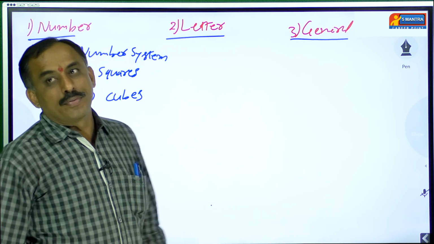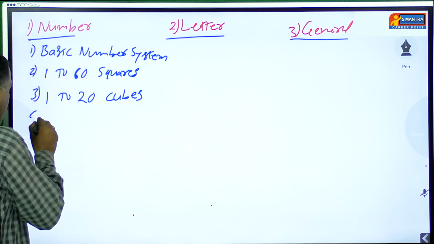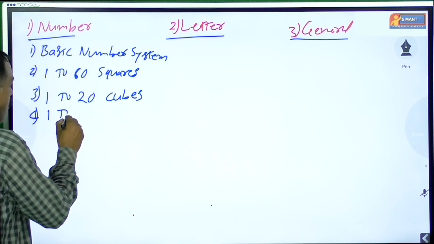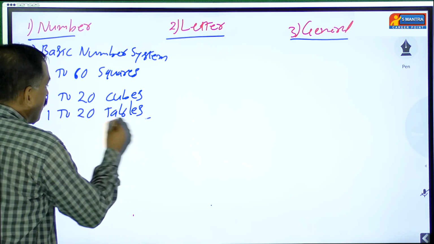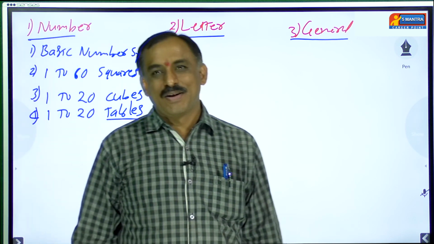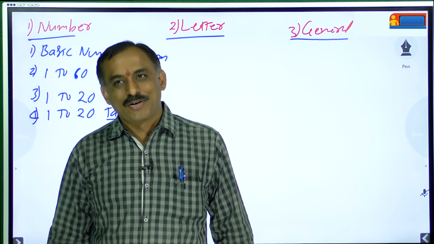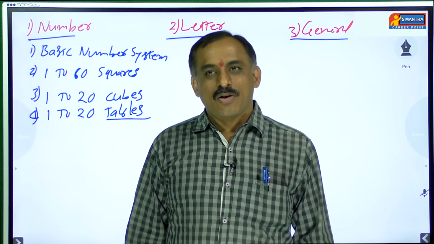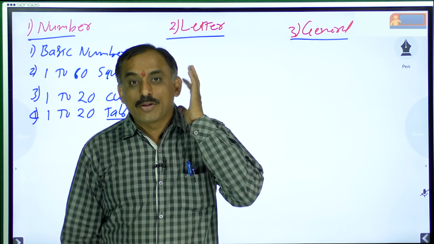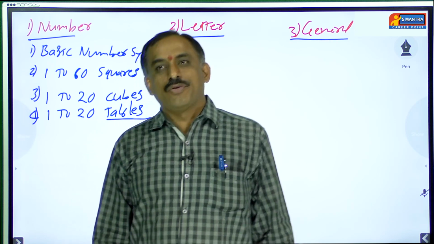Then next one, fourth one, 1 to 20 tables. It is also one of the important points. If you know 1 to 10, 20 tables, good. Otherwise, one basic tip is there. With the basic tip, within 2 minutes you can learn the tables from 11 to 20 also.